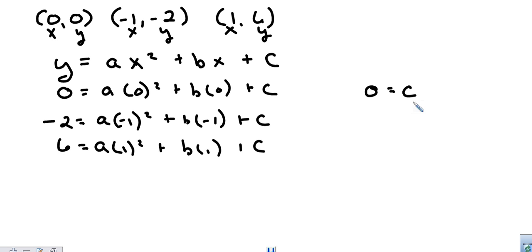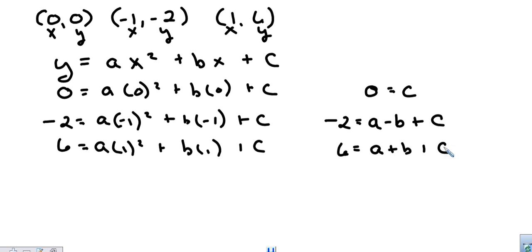It's going to make this very handy to solve the last part of it. Well, let's simplify the second one. Negative 1 squared is a positive 1, and b times negative 1 is a negative b. So I can rewrite this equation as negative 2 equals a minus b plus c. And then the last one, 6 is equal to a times 1 squared, a, b times 1, b, plus c.